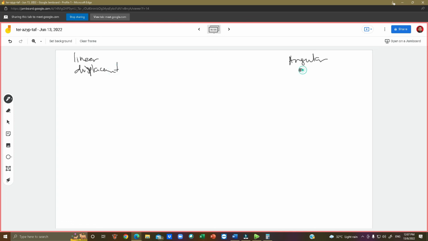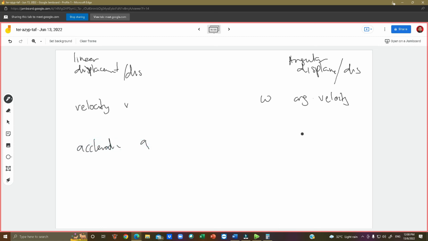Kita ada displacement juga kat sini, slash distance. And then we have velocity, V. Dekat sini kita ada angular velocity, omega. And then we have acceleration, A. Kat sini kita ada acceleration, alpha. Okay, sini kita ada meter, sini kita ada theta.